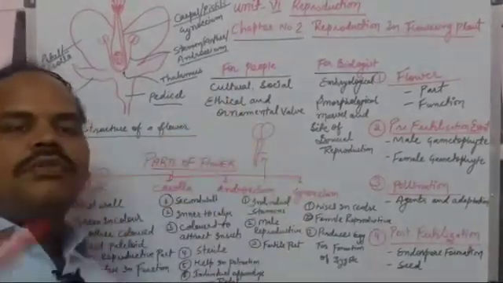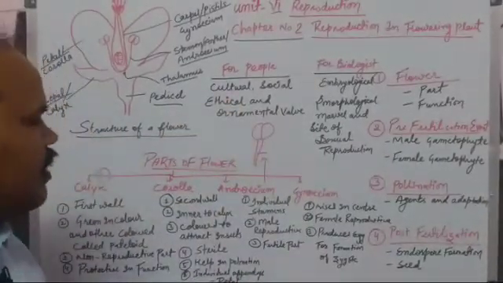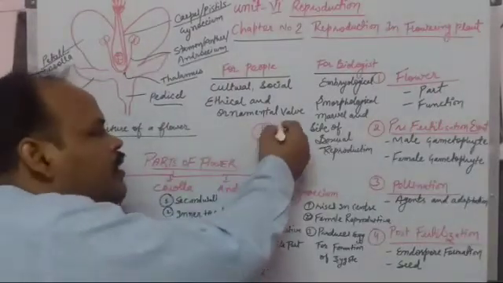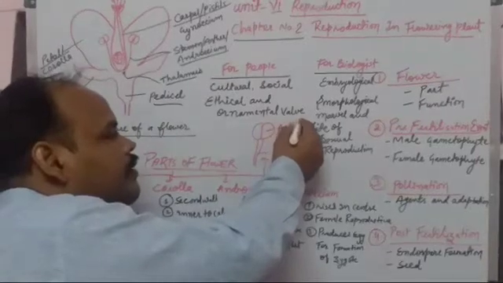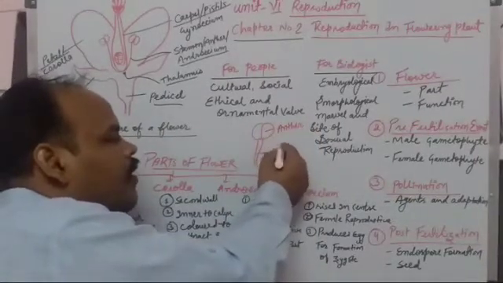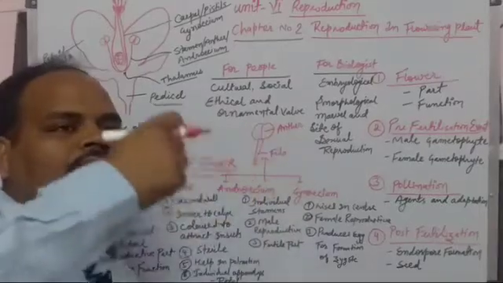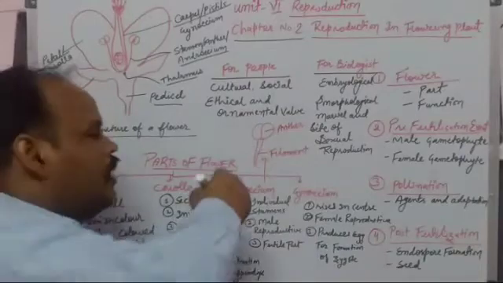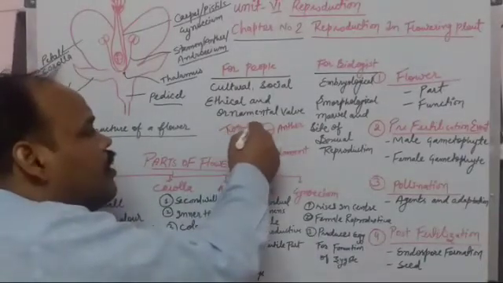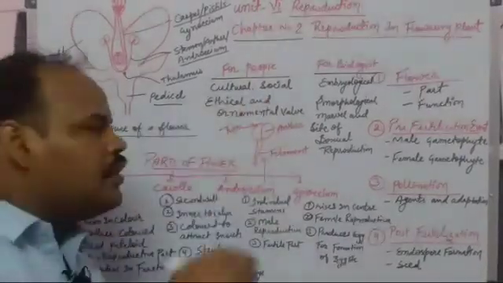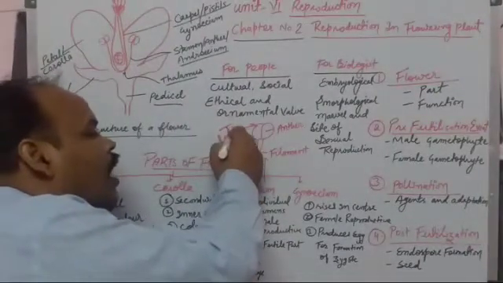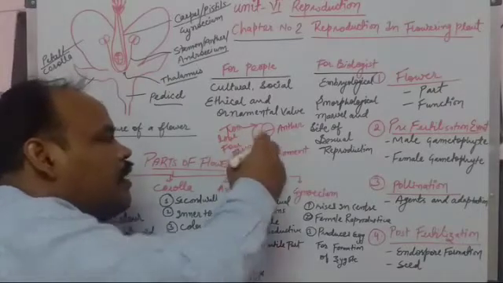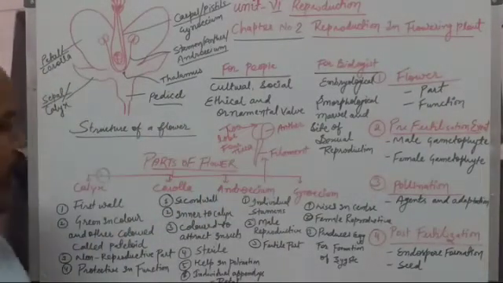There are two parts of the stamen. The anther has two lobes, and the long tube-like structure is called the filament. In the anther there are two lobes and four thecae. This is the internal structure of the anther.